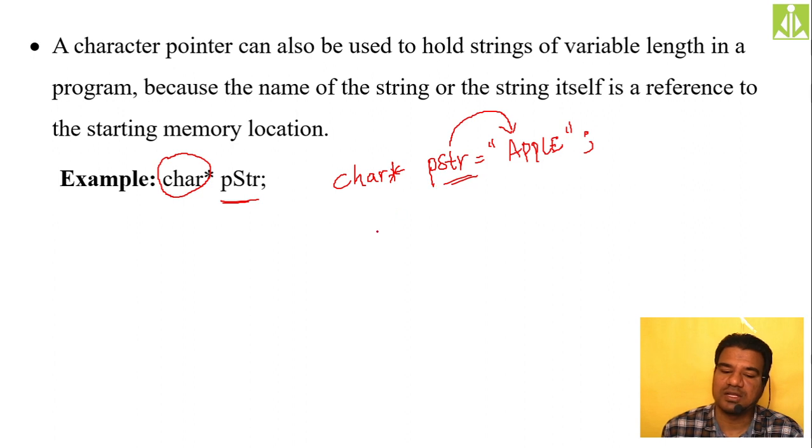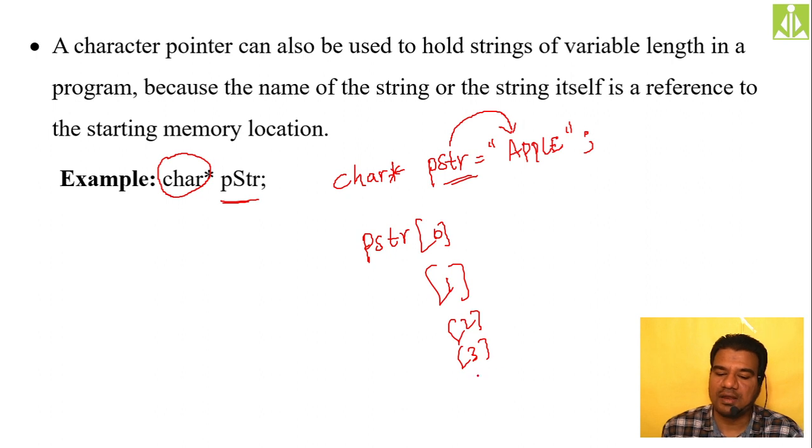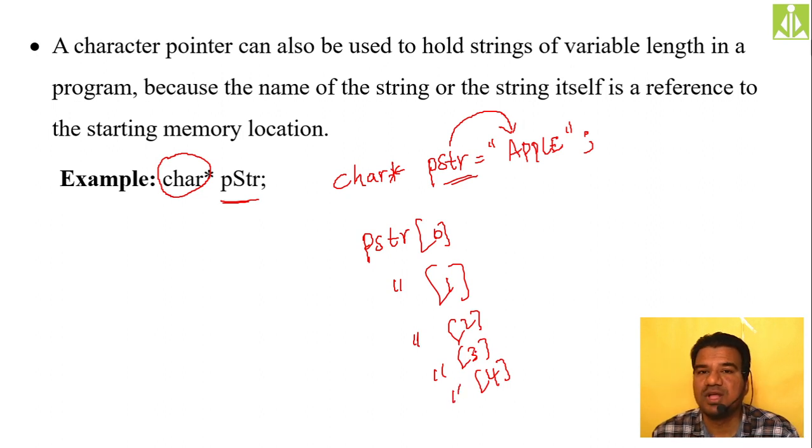If you print pstr of 0, you will get a, pstr of 1 you will get p, 2 you will get p, 3 you will get l, 4 you will get e. Likewise, pstr also you can use in place of apple.